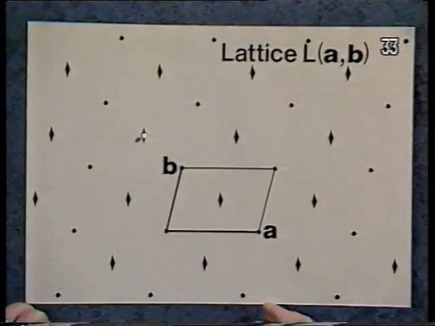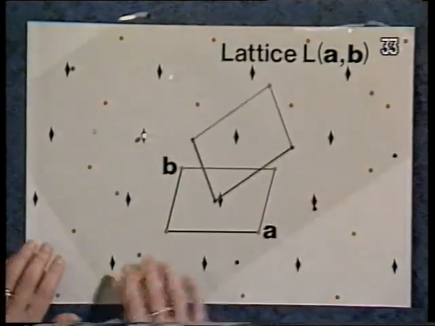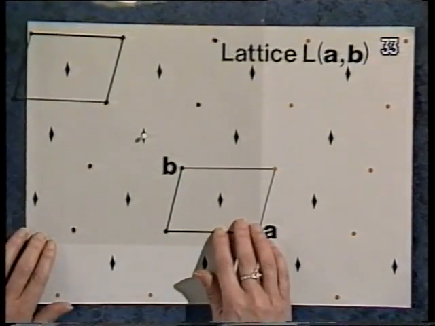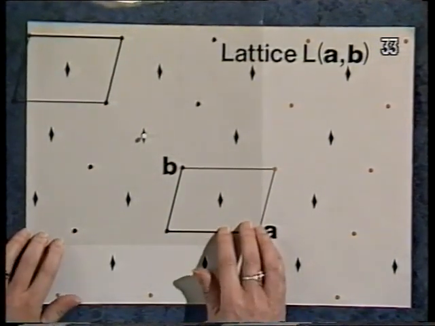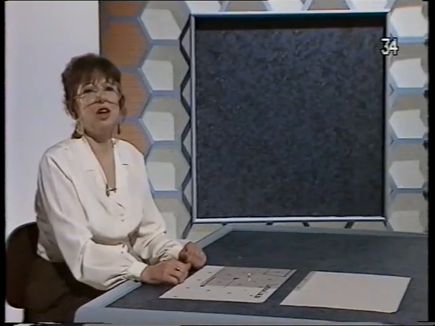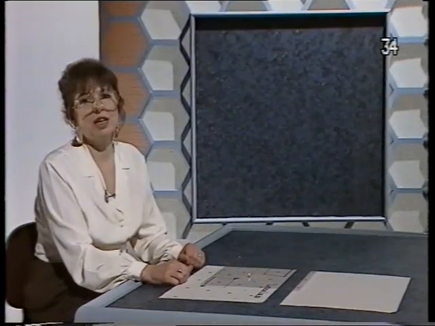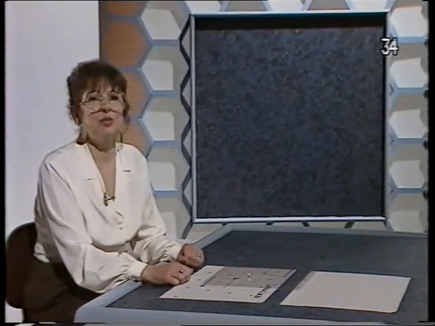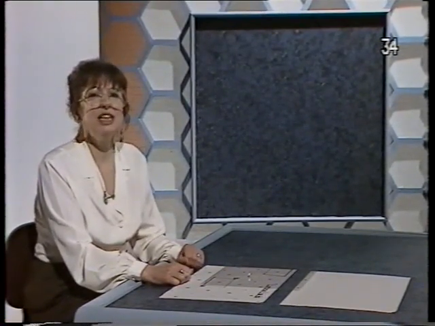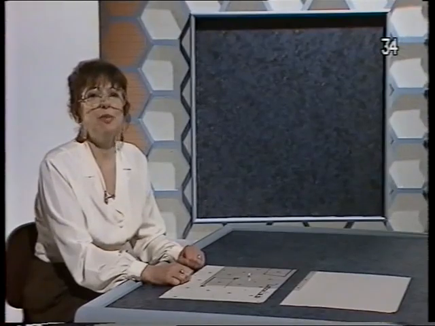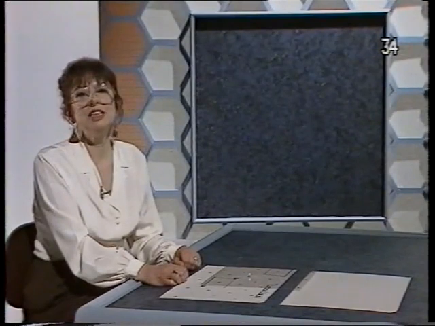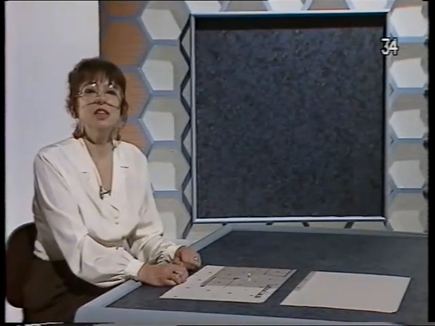If I rotate about here by 180 degrees, then the pattern coincides. So far, what I've said is true of all types of lattice. We'll have translational symmetries in the direction of the basis vectors and rotational symmetries of order 2 about the centre of each parallelogram.